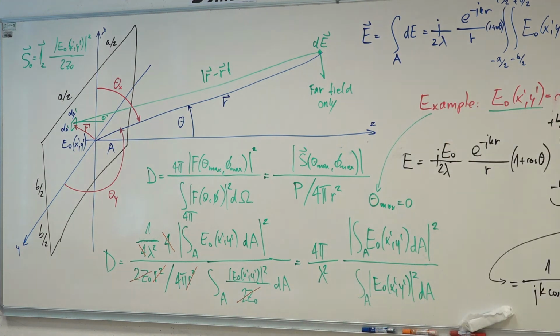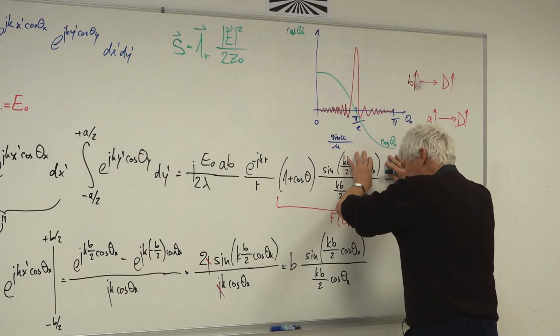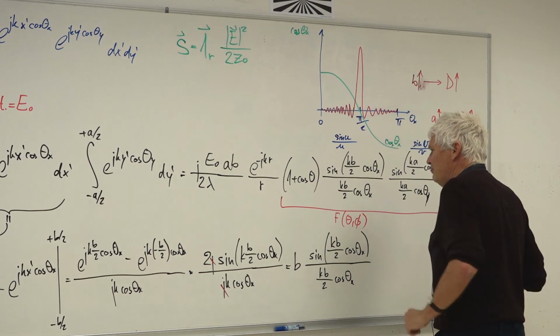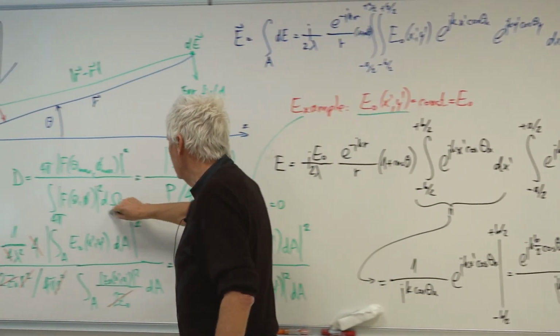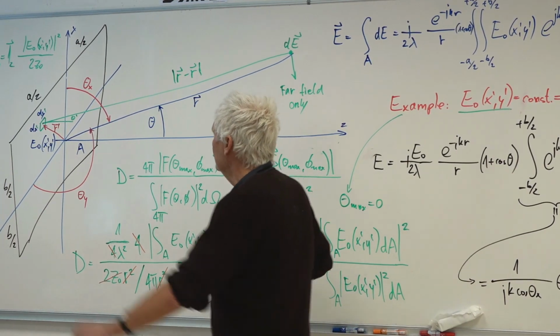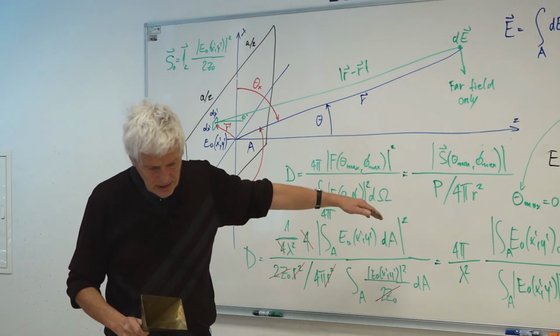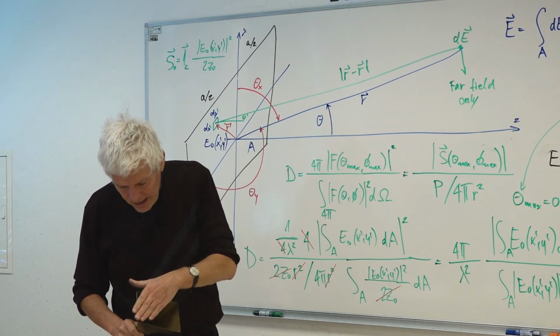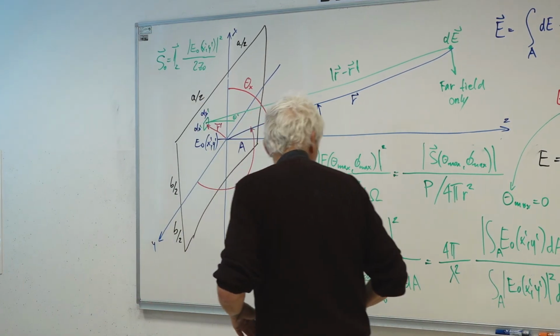This is now our shortcut for the directivity, not having to integrate this ugly thing here. So in place of integrating the whole pattern, I prefer to calculate the power getting through my aperture. In place of integrating over an infinitely far away sphere, I integrate it over the aperture.